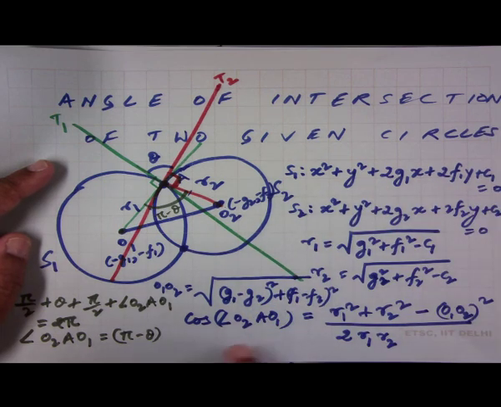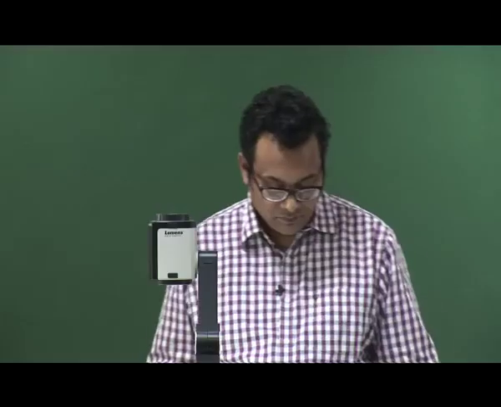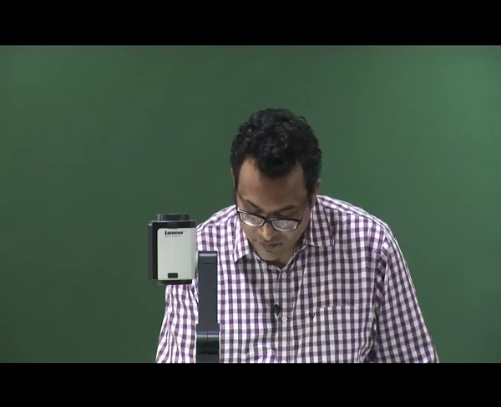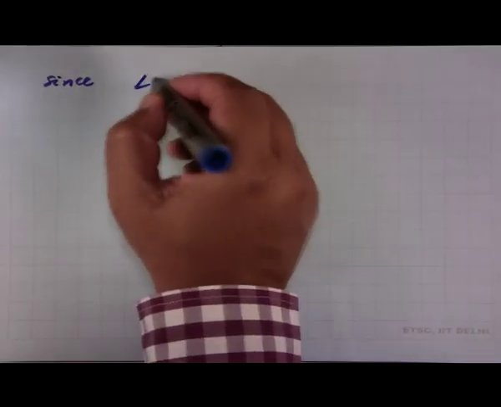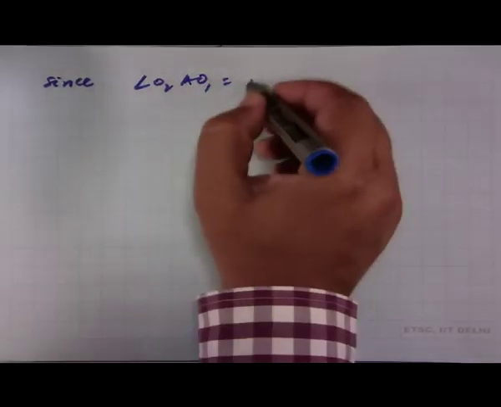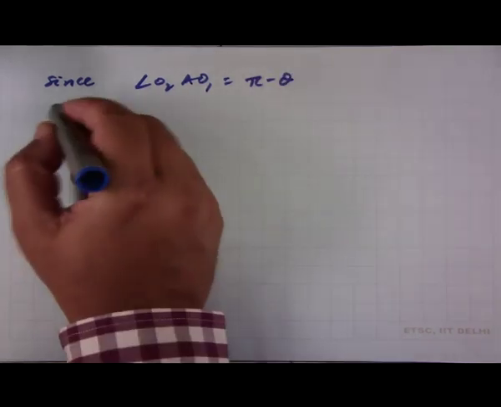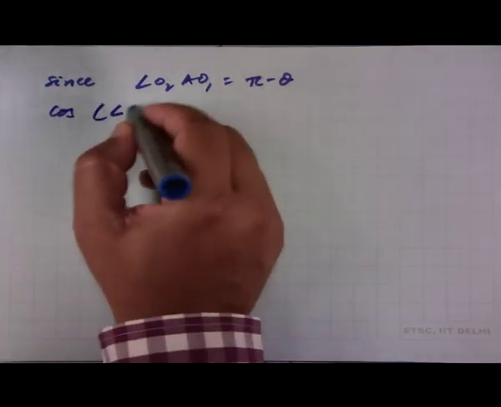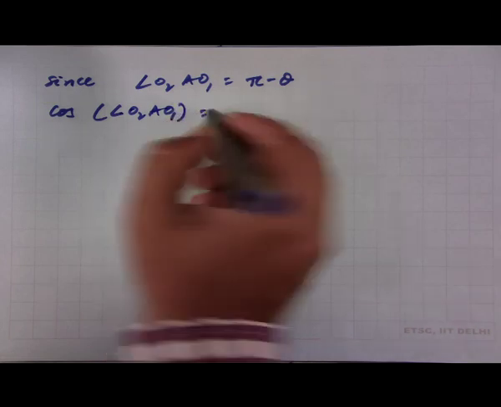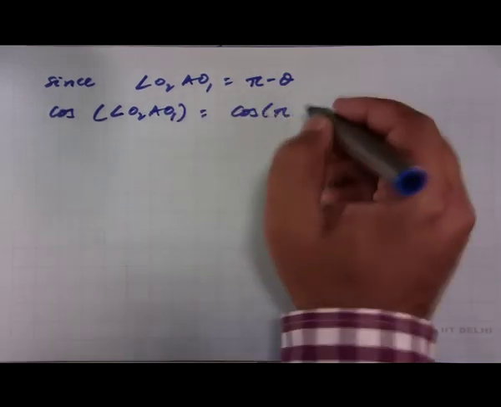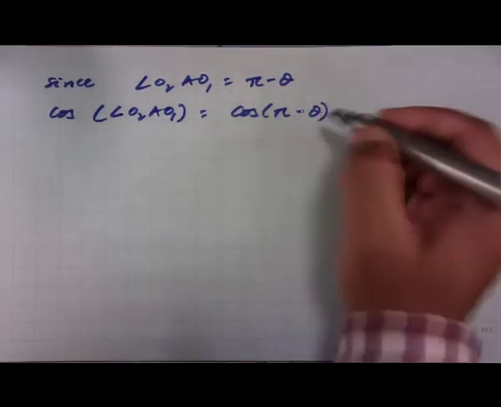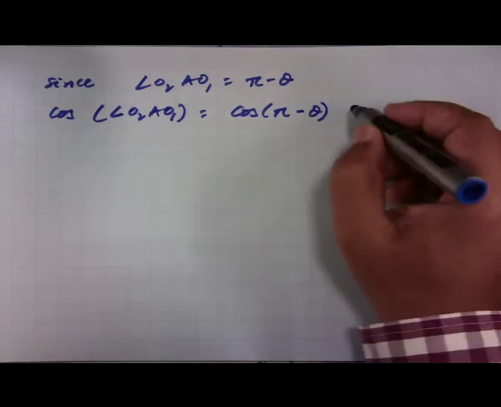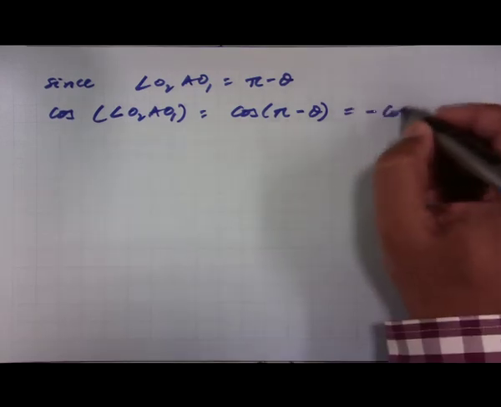So, we should be able to exactly find the cosine of this angle. But we already know that since angle O2AO1 is pi minus theta, cosine of angle O2AO1 is cosine of pi minus theta, which is equal to minus cos theta.